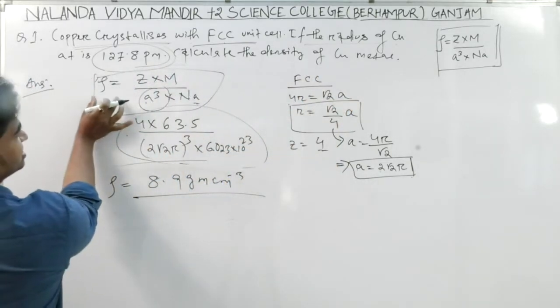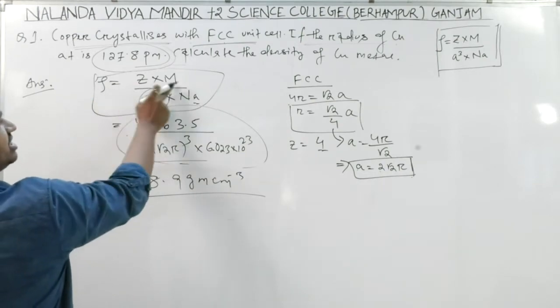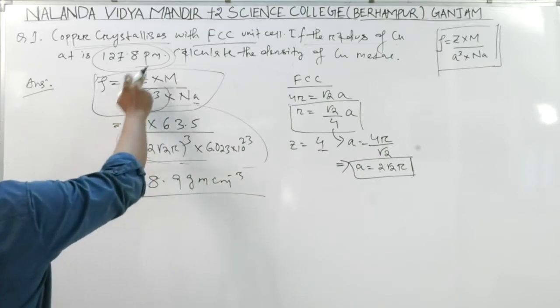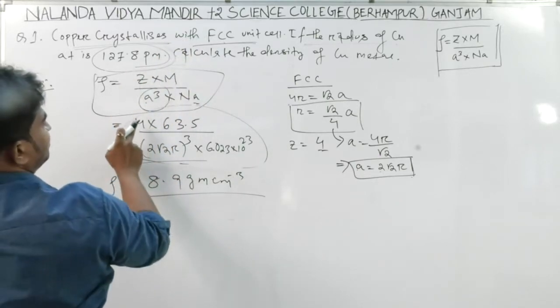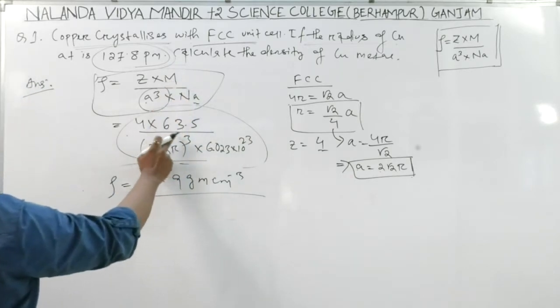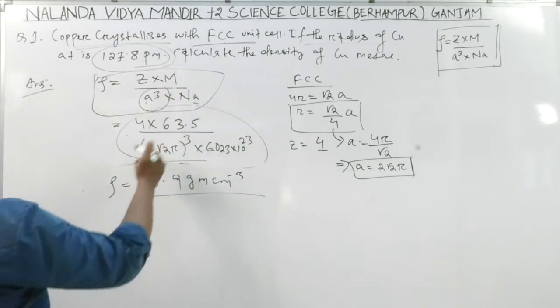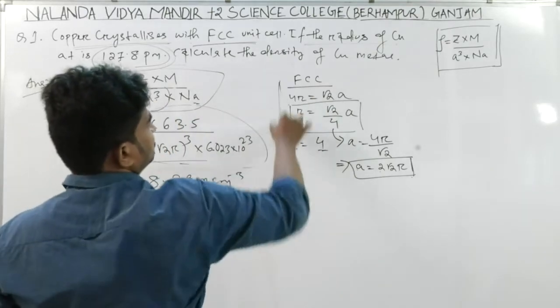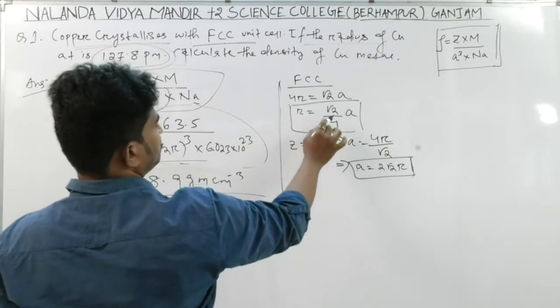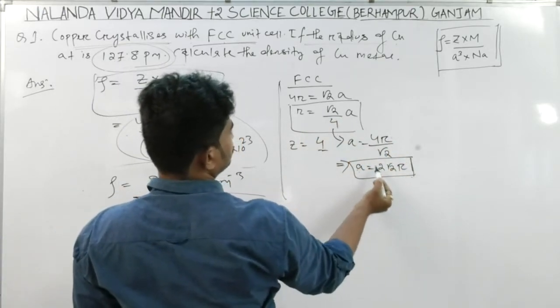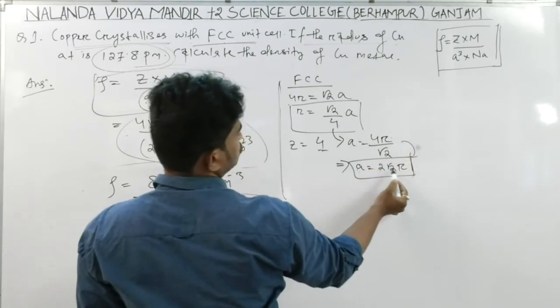So by placing the density formula, Z into M divided by A cube into Na, for face centered cubic unit cells Z will be 4 into the molecular mass of copper, that is 63.5 divided by AQ. What will be the AQ? From the relation R is equal to root 2 by 4 A, A will be 4R by root 2, and we can write A is equal to 2 root 2 R.